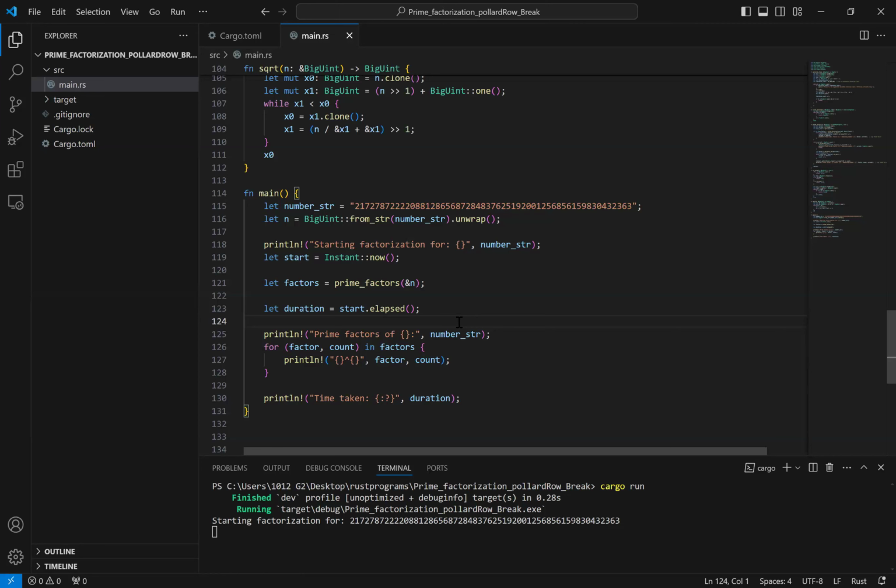Some of those numbers you can take even 300 years trying to factorize, if those two huge numbers are multiplied together and then you're asked to factorize. Some of them, you can take even 500 years or 300 years factorizing. That means you may exit the universe before factorizing those numbers.